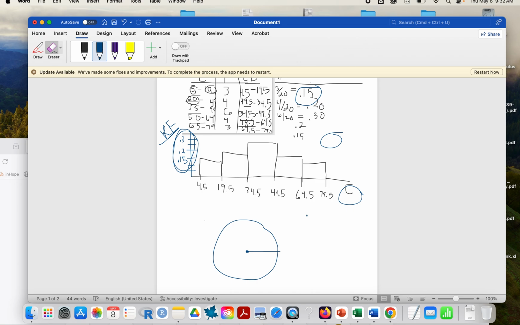You take the relative frequency, the 0.15, and to get its angle measurement, you multiply that by 360. So 0.15 times 360 is going to give me an angle of 54 degrees.